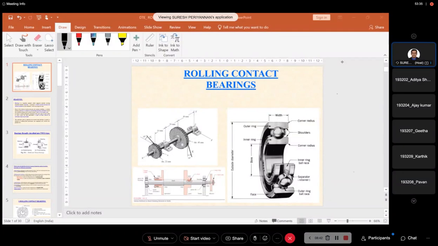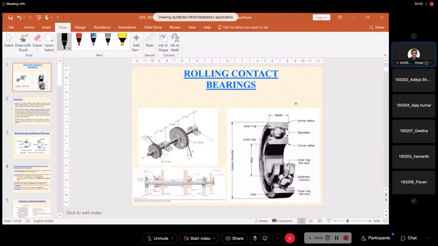Before that, we also discussed the bearing characteristic number, McKee's equation. McKee defined that during starting, the bearing is at rest, and the bearing and journal surfaces are in metal to metal contact.